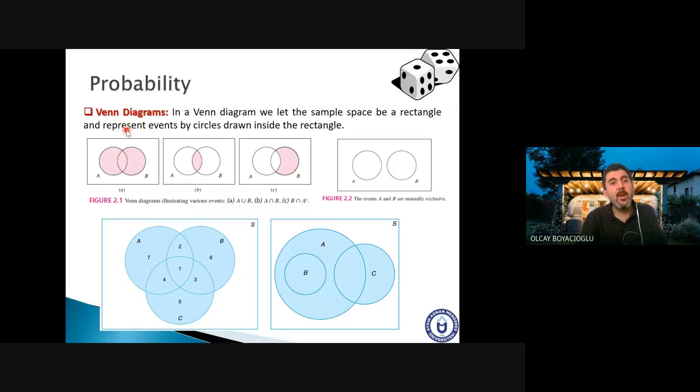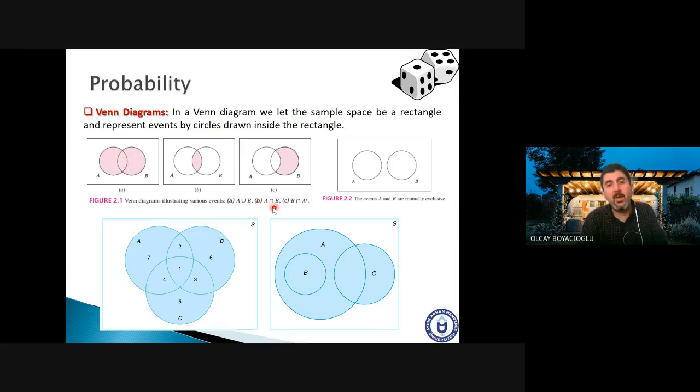Okay, and then represent the events by circles drawn inside the rectangle. Eventleri de sample space içinde yuvarlaklarla gösteririz genelde. All right. For example, here in Venn diagram illustrating various events like A union B means A union B, all of the values that are covered in A and B.